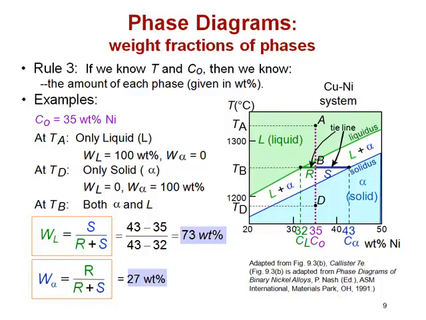Okay. Now this gives us weight percent. Say for example, if we know the weight of the material, which is for example 1 kilogram, then we can compute the exact weight of each of the phases.